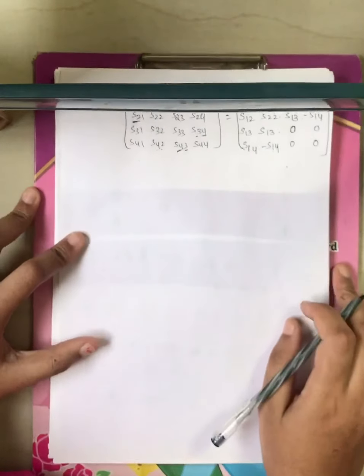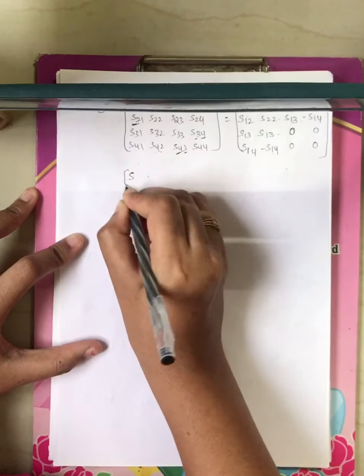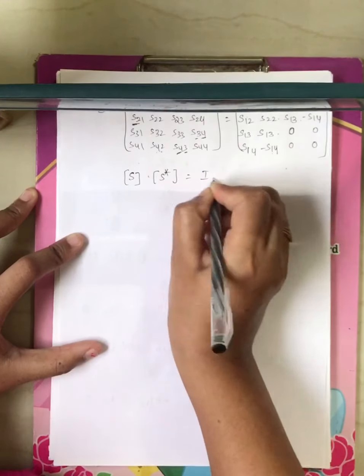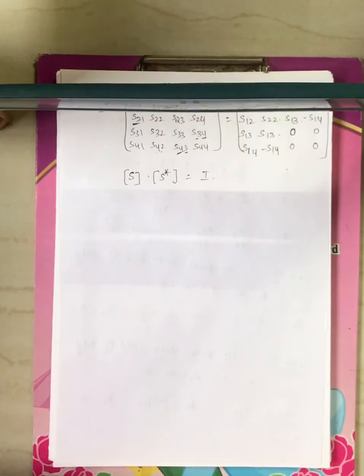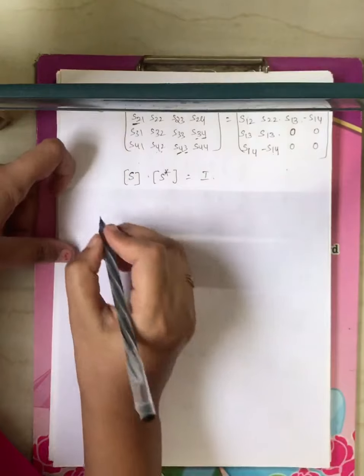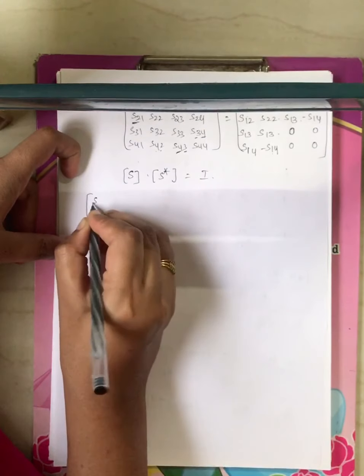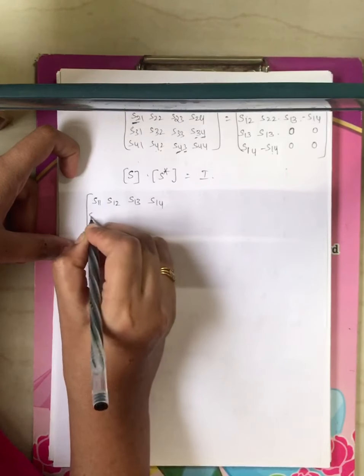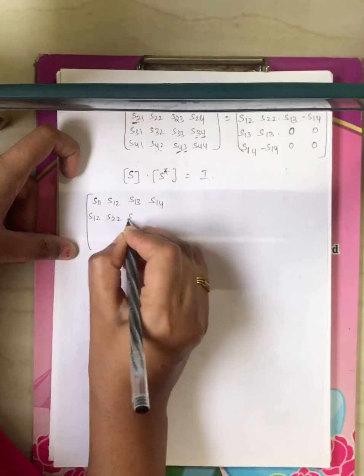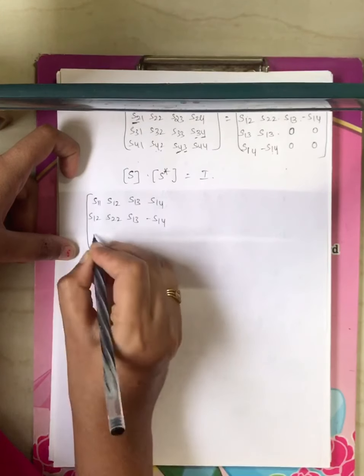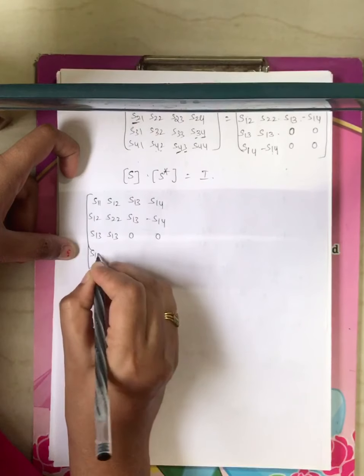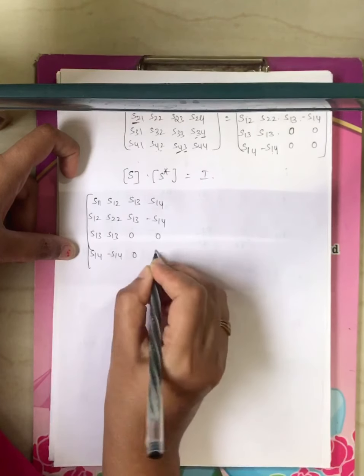Now S is a unitary matrix, that is S into S conjugate equals I. What is the S that we got? That is S11, S12, S13, S14; S12, S22, S13, minus S14; S13, S13, 0, 0; and S14, minus S14, 0, 0.